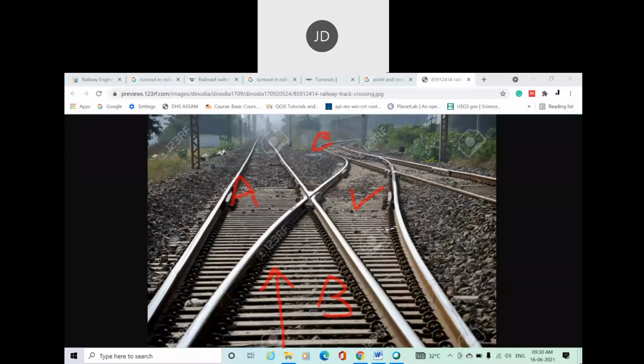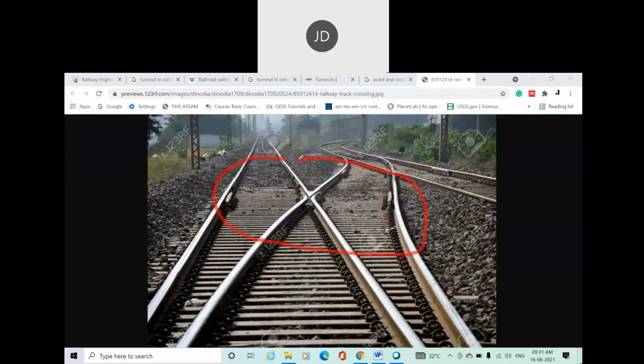With respect to railway track number C, railway track number B is converging, because the train is moving in this direction. So this section is known as crossing.